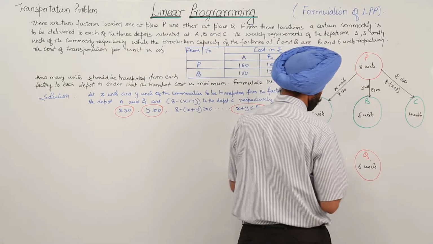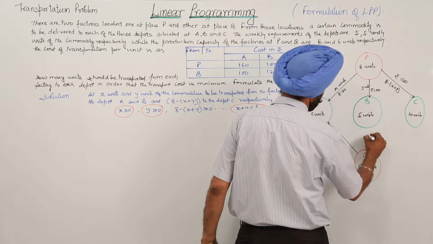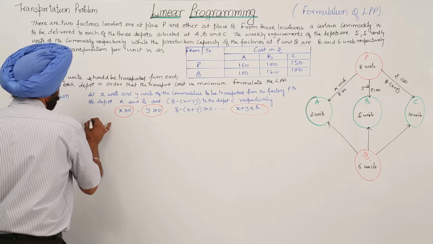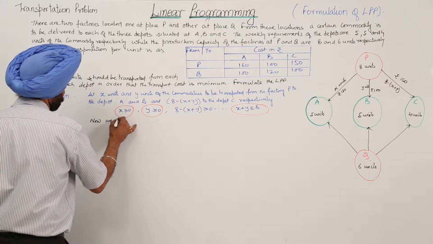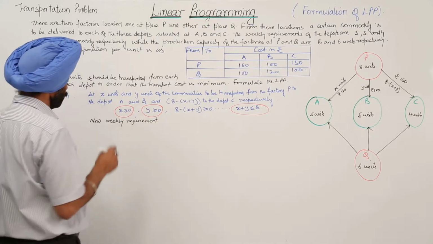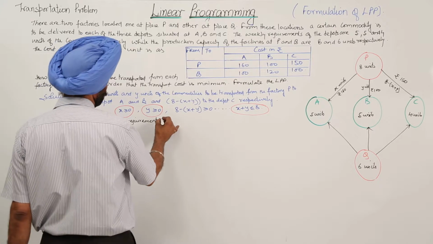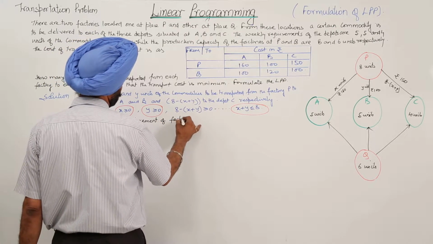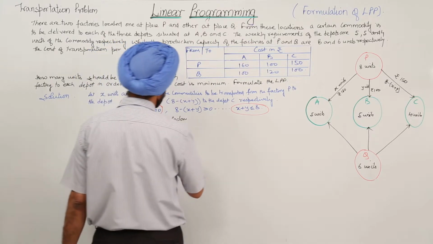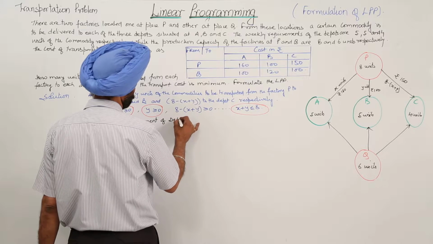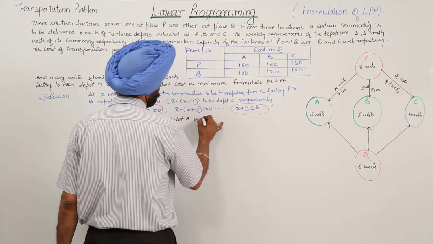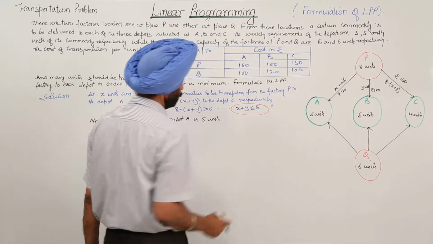Now weekly requirement, first of all, of depot A is 5 units. It is mentioned here, 5 units.